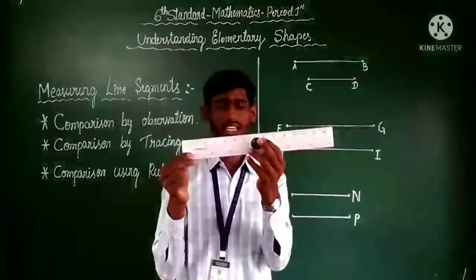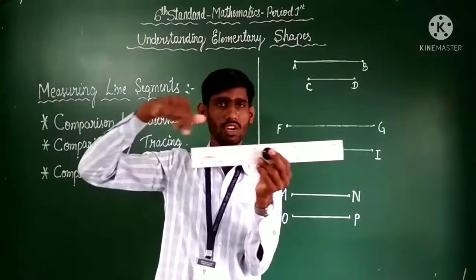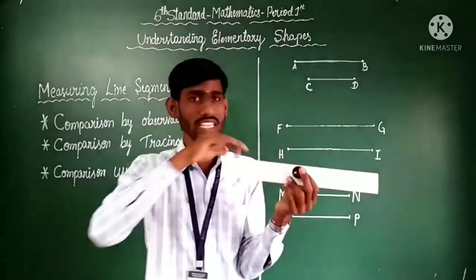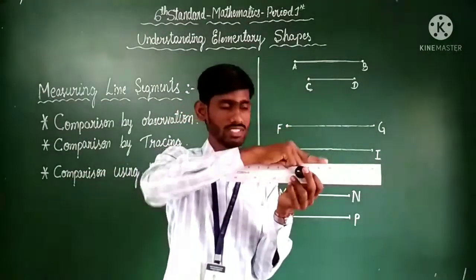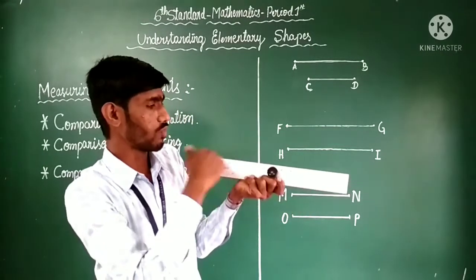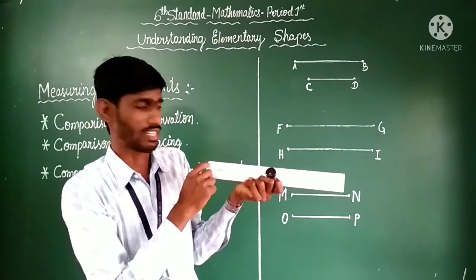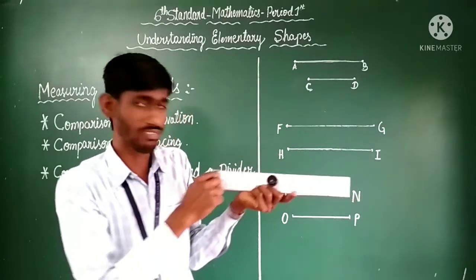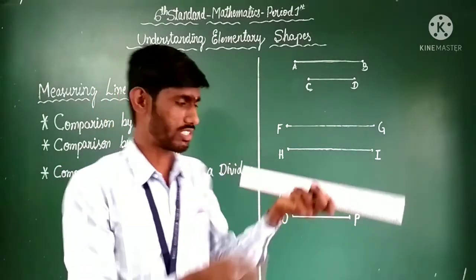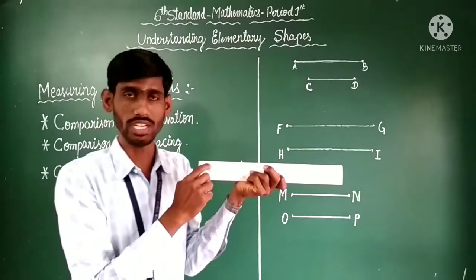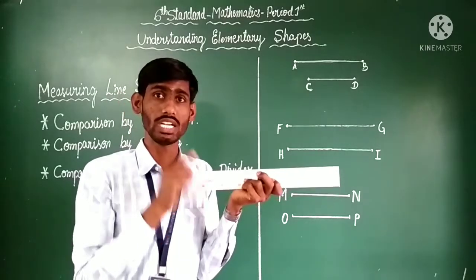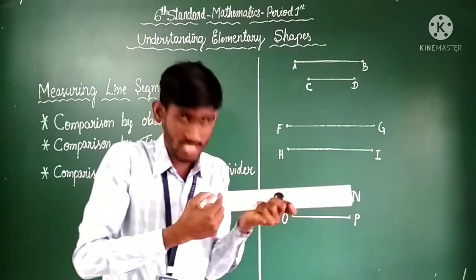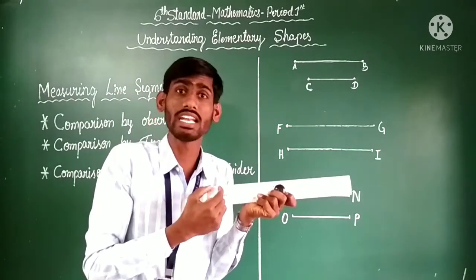Dear children, in the ruler there are particular marks on either side of the scale. On one side of the scale is centimeters, the other side is inches. We are just going to use the centimeter side. 1 centimeter is equal to 10 millimeters. In 1 centimeter there are 10 lines.